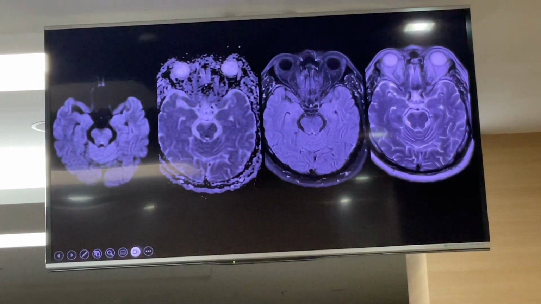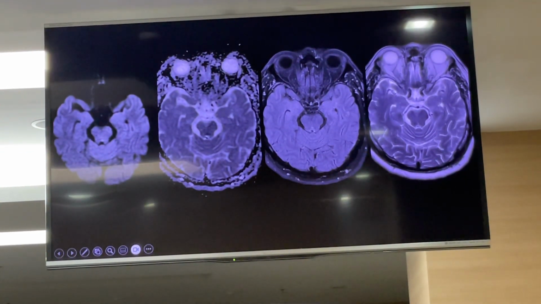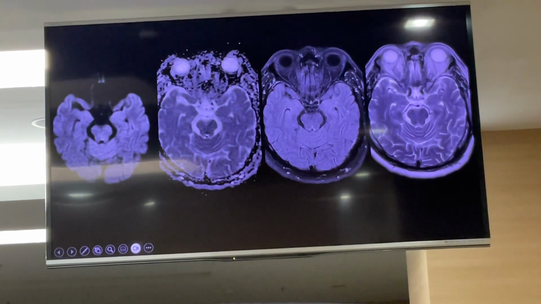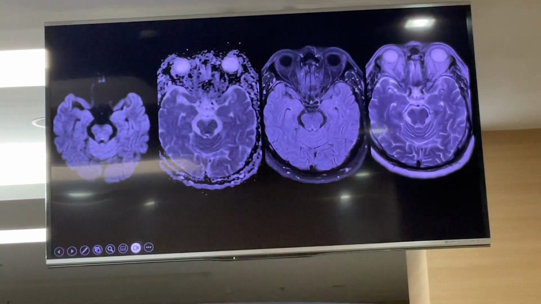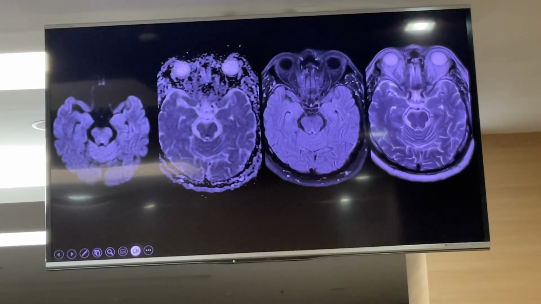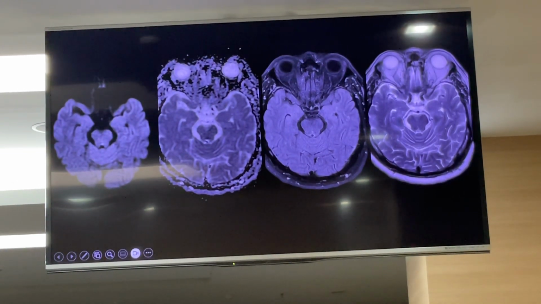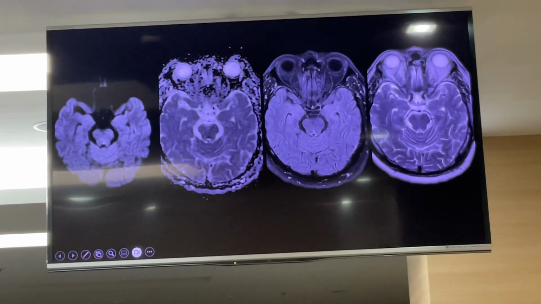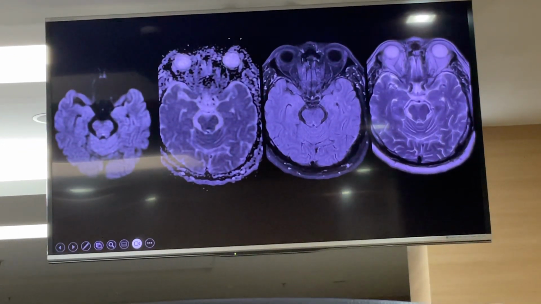In this case, it's a little bit subtle. The patient came to the hospital with ophthalmoplegia. It's like a subtle T2 hyperintensity at the dorsal lower midbrain with maybe restricted diffusion of the lesion.